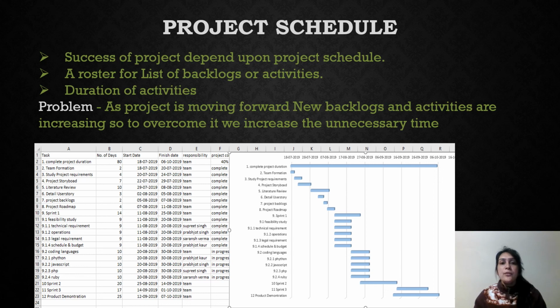The duration of our project is 80 days, but the only problem we are facing is that as our project is moving forward, new backlogs and activities are increasing. So to overcome it, we have spared 4-5 days, and we will use those days to overcome this problem.